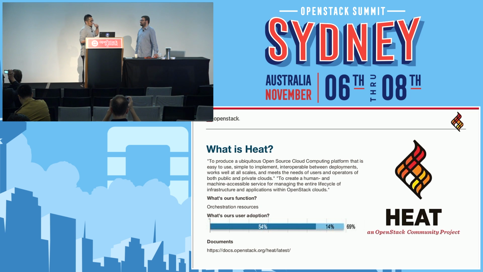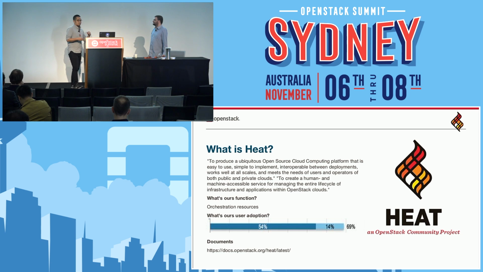The adoption line you see there is from the last user survey, from early this year. I should have updated it, but I forgot. Around half of the users install Heat in their production environment. It's not as big as Nova, but it's a great number and it's consistently growing.